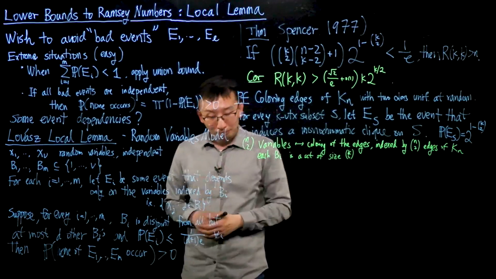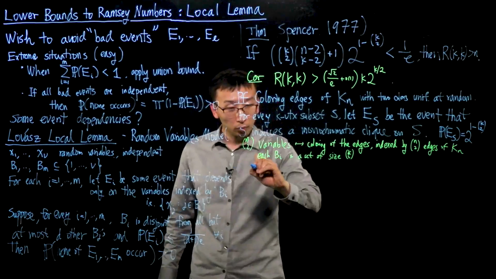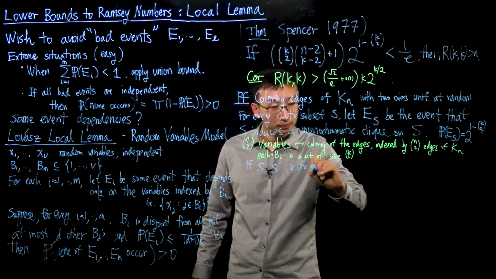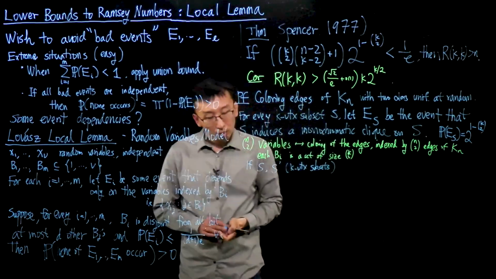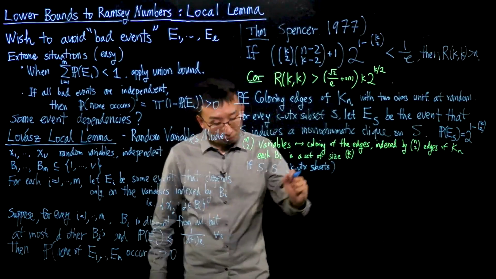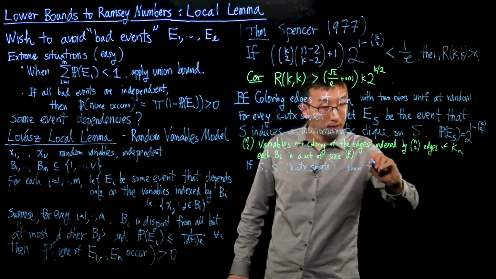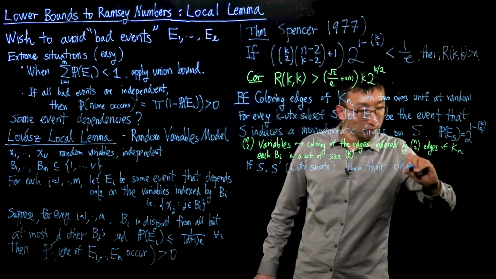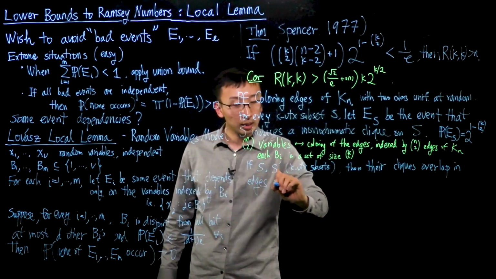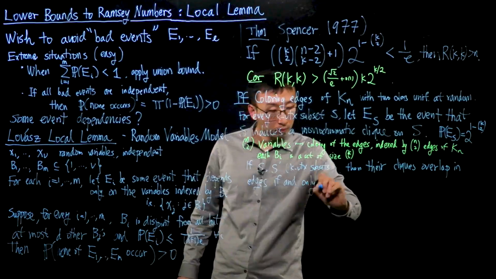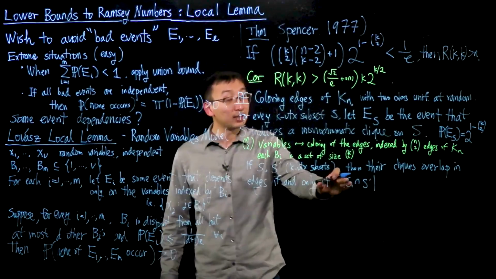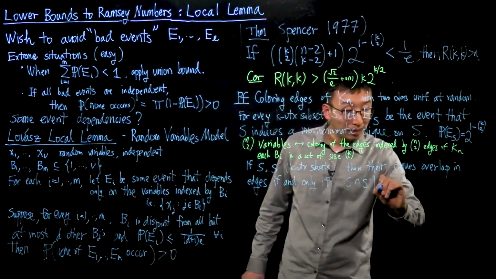So when do the B_i's overlap? If S and S prime are both k-vertex subsets of vertices, then their cliques overlap in edges if and only if the sets of vertices S and S prime overlap in at least two vertices.